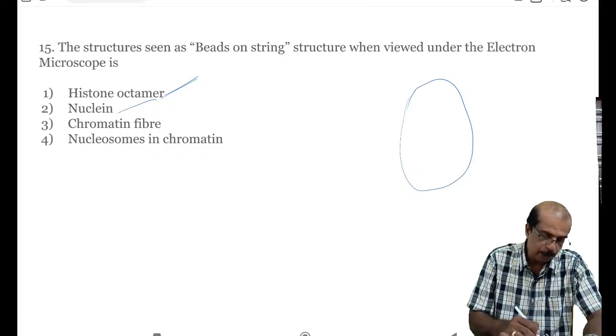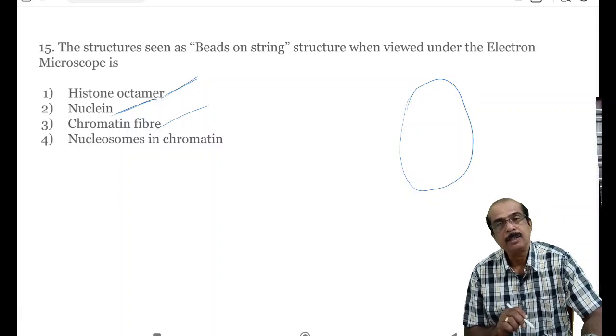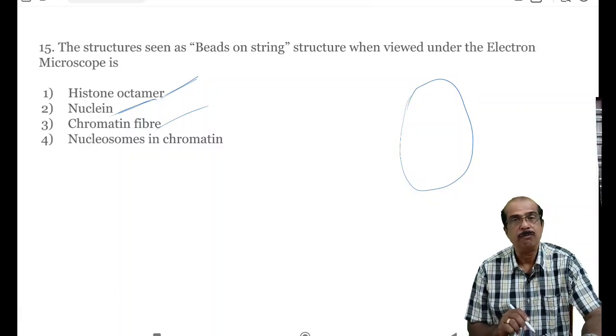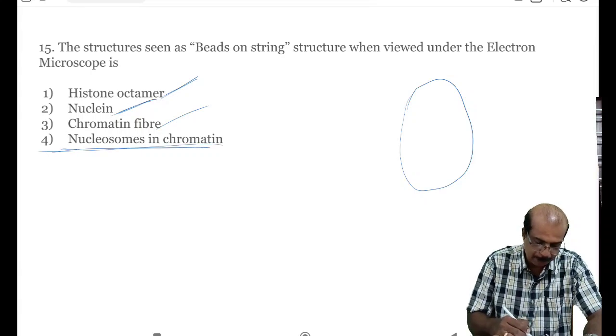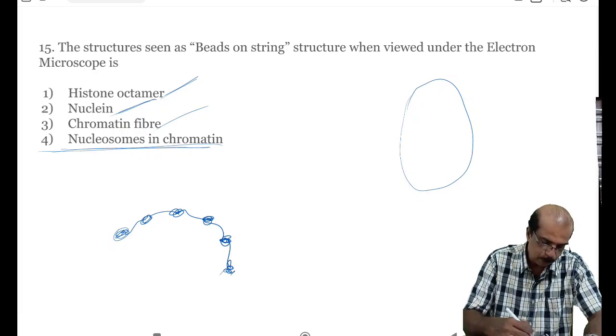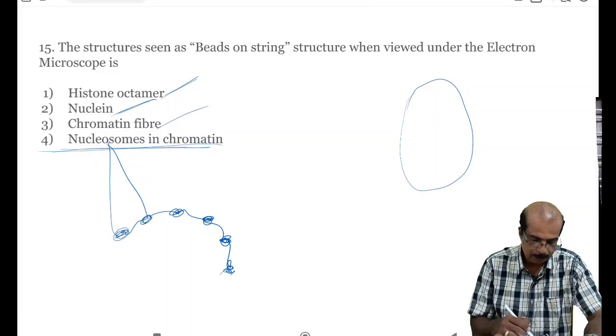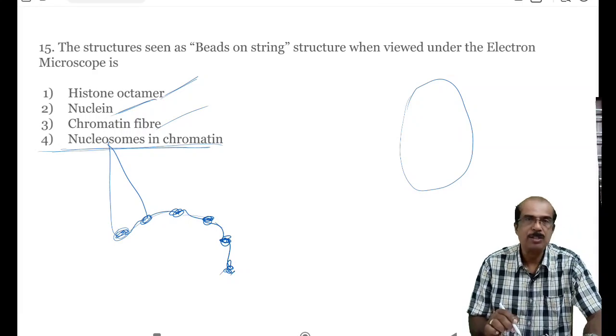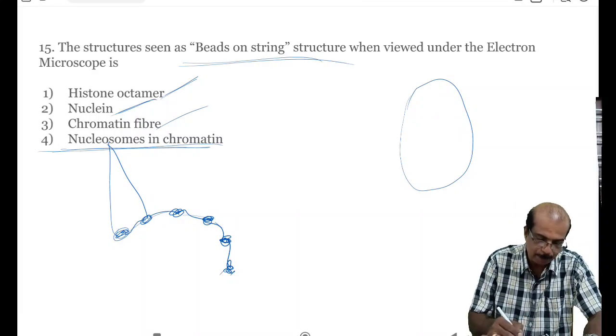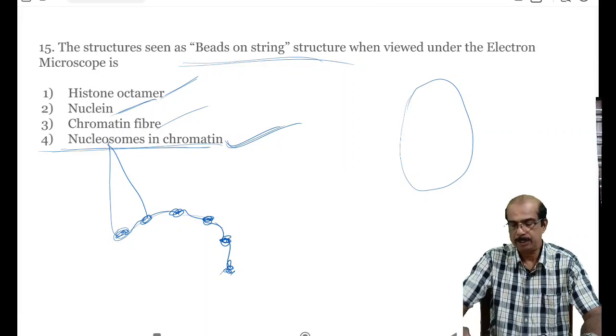So it is equivalent to DNA and it is not the answer. Chromatin fiber: the chromatin threads are packed to form chromatin fiber. So the fourth option, nucleosomes. If we examine beads on string, like this, the beads are nucleosomes. This is the chromatin thread. Nucleosomes and chromatin thread make the beads on string structure. So our answer to this question will be nucleosomes in chromatin.